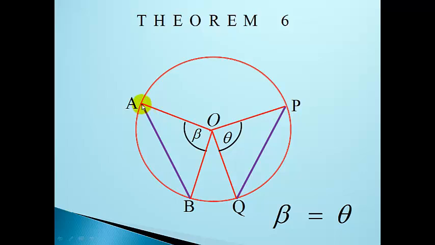Now if the length of chord AB is equal to the length of chord PQ, then the angles that chord AB and chord PQ subtend at the center of the circle are the same. That means that beta is equal to theta. That is theorem 6.